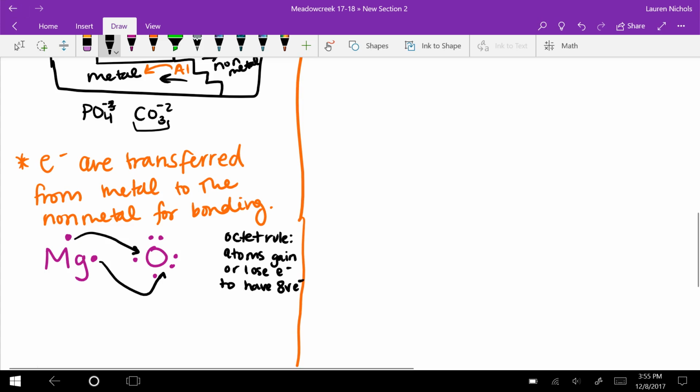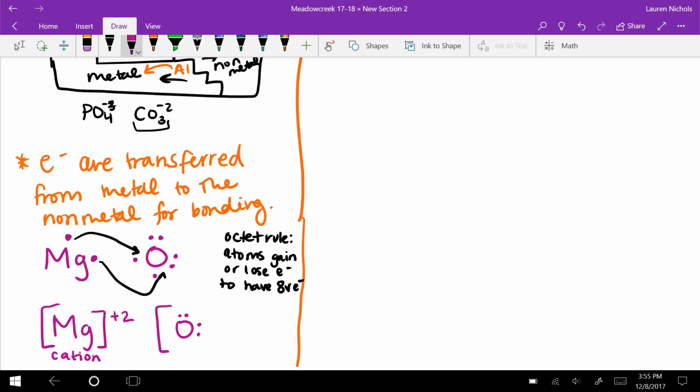Magnesium is going to give oxygen its 2 valence electrons. When it does that, magnesium will have a +2 charge. It's positive because it lost those electrons, and so that makes it a cation. Then oxygen will have gained 2 electrons, so we now have 8 total electrons for a -2 charge. Because it's negative, it is an anion.